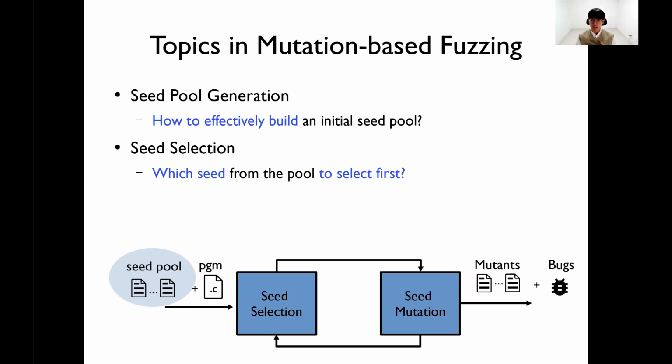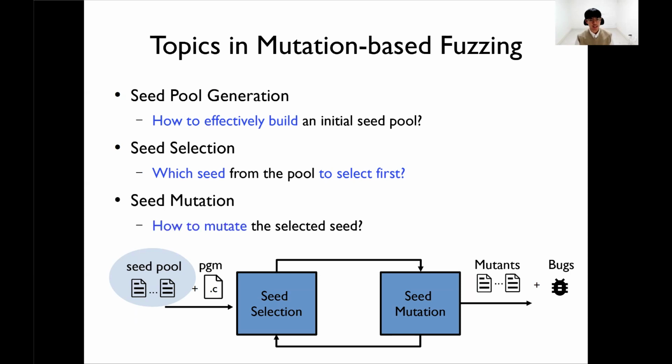So selecting the promising seeds first that are likely to find bugs or maximize code coverage is an important part of mutation-based fuzzers. Hence, many seed selection strategies such as AFLFast have been presented in the literature.